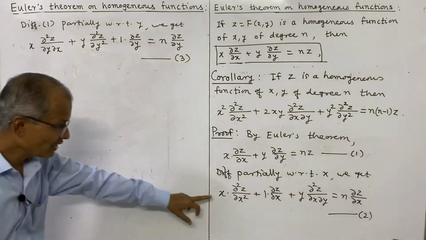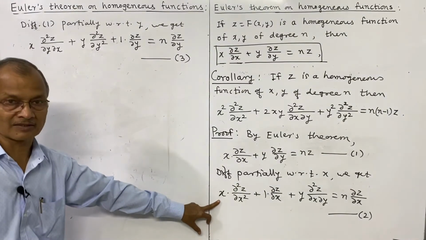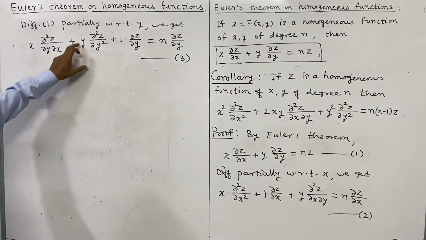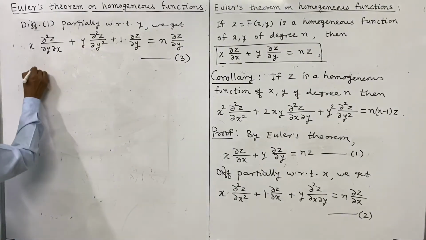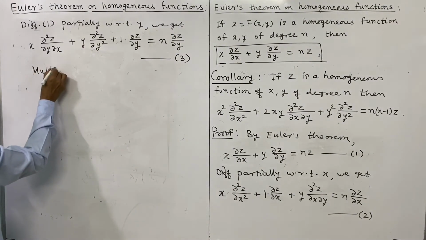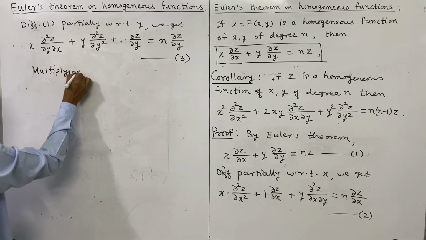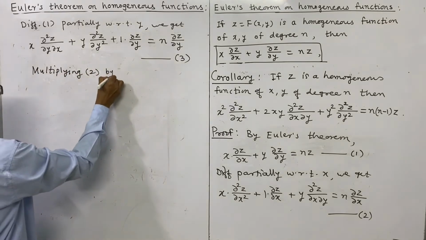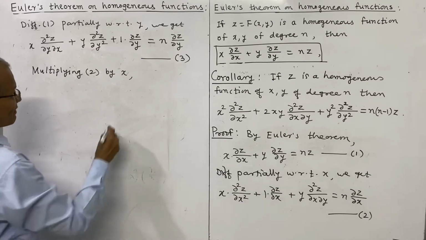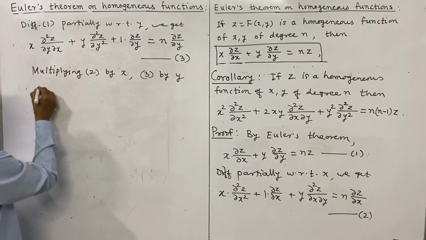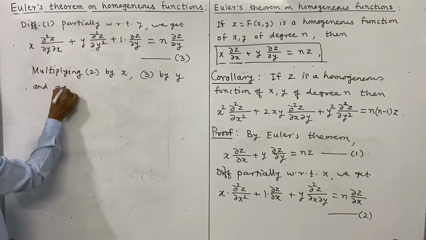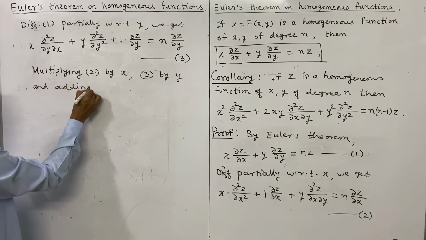That means we have to multiply the second by x and the third by y, and then we will add the terms. So multiplying 2 by x, 3 by y, and adding, we get.